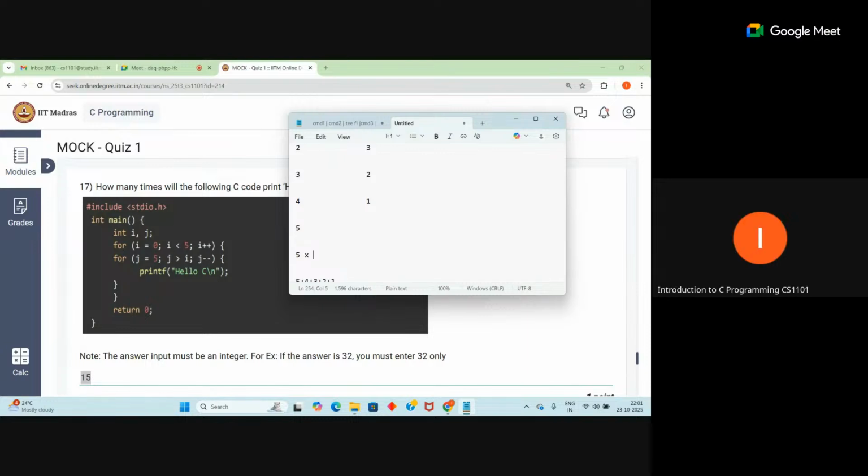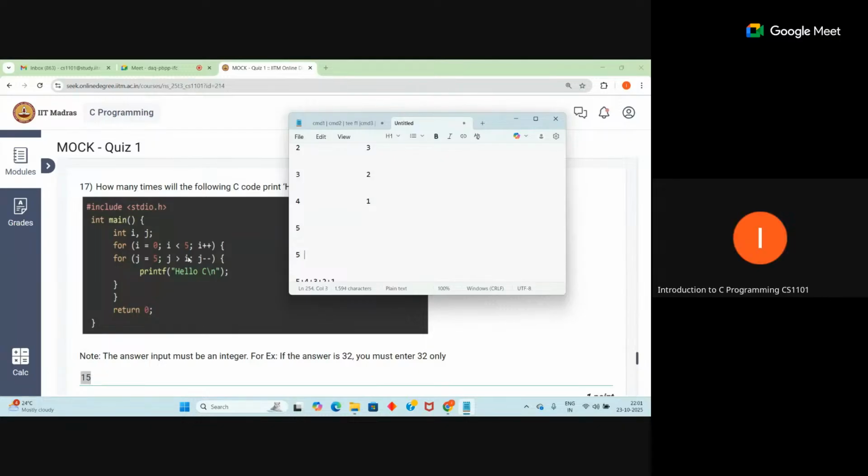Say for example, for the first case it is 5. Suppose this is also 0, so J greater than 0 instead of I greater than 0. In that case, that will also execute 5 times. So 5 into 5, 25 it will be. You have to evaluate like that.